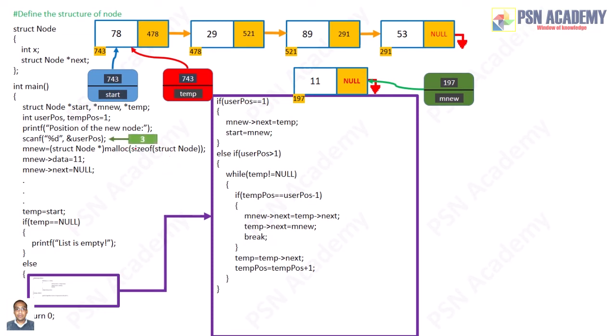Suppose a user gives 3. That means the user wants the new node to be inserted at the 3rd position, that means here. So naturally, your temp will be standing over here in the 2nd position. That is one step behind the user's position.